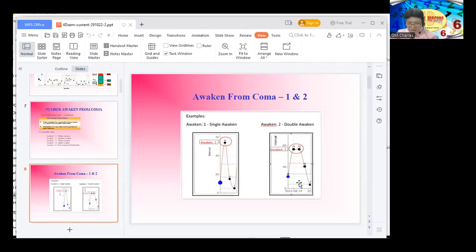When it hit, it again went into an OverDue. Then it hit. So that means it has twice awakened. It doesn't hit below the low interval range, but it hits again at another OverDue. So they call it double awaken.